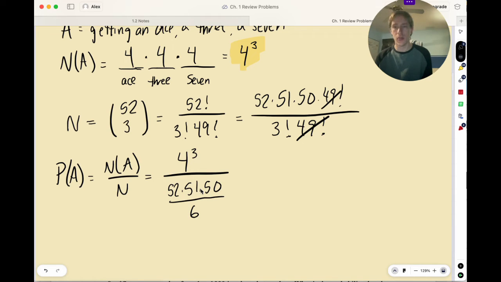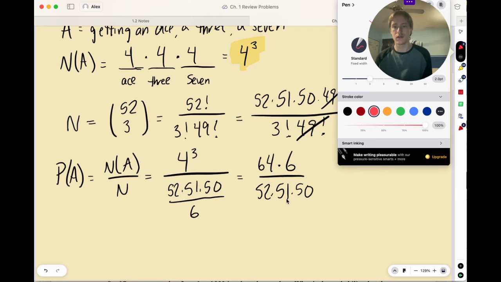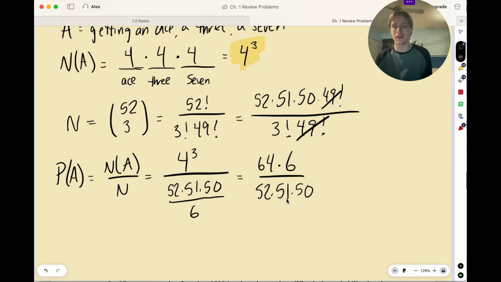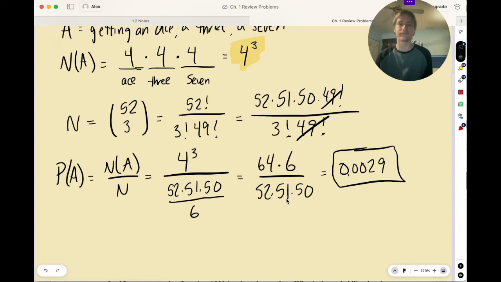And that's going to essentially give us 64 times 6 divided by 52 times 51 times 50. And if you type that in, you'll get 0.0029, which is our answer. All right, let's move on to the next one.